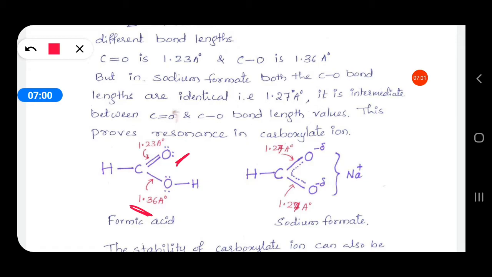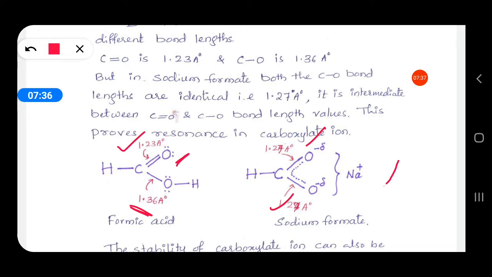But here one is more than the carbon oxygen double bond, it is 1.27. Another one is less than the carbon oxygen single bond, that is less than 1.36, it is 1.27. So both the carbon oxygen bond lengths are 1.27, which is in between 1.23 angstrom and 1.36 angstrom, that is, in between the carbon oxygen double bond and the carbon oxygen single bond.